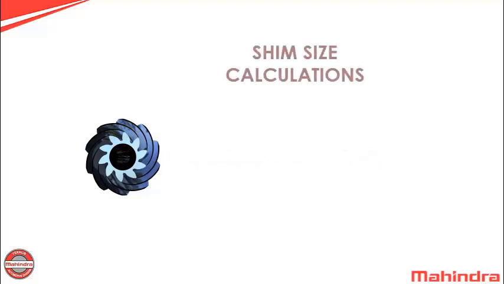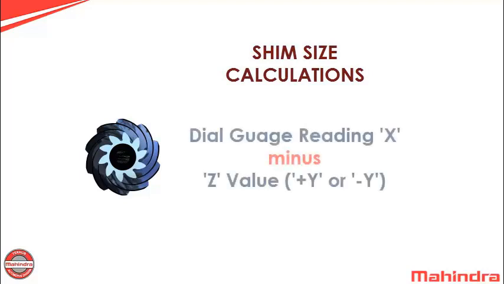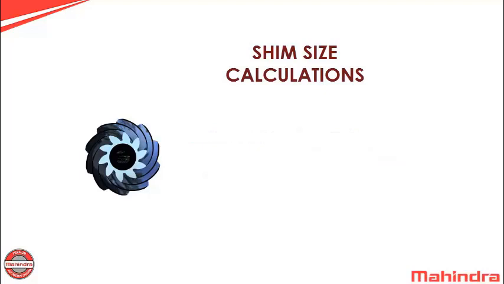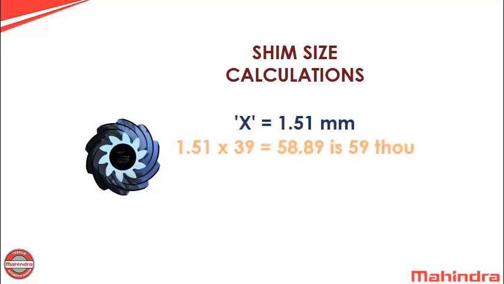We can find out the shim size for height setting with the help of following calculations. Dial gauge reading X minus Z value, that is plus Y or minus Y. For example, if actual depth reading in dial gauge X is equal to 1.51 mm, convert millimeter into thou, that is 1.51 into 39, that is 58.89, that is 59 thou.